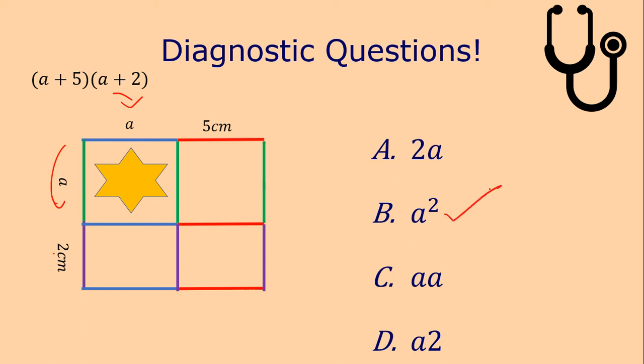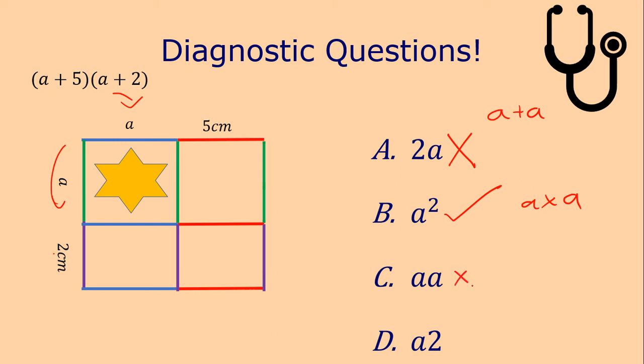And the correct answer is B. It's a squared. A times a is a squared. Okay. These are all common mistakes, by the way. Some students would write 2a here, and what they've done is they've actually done a plus a, but that's not what we're doing. We're meant to be doing a times a.